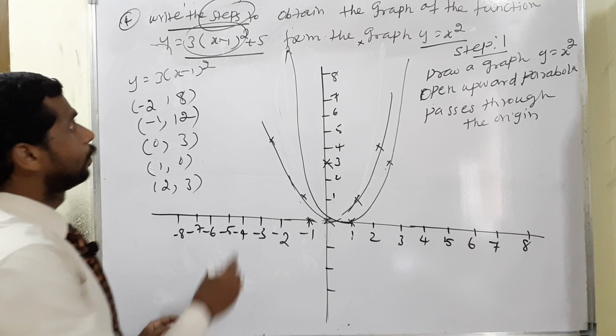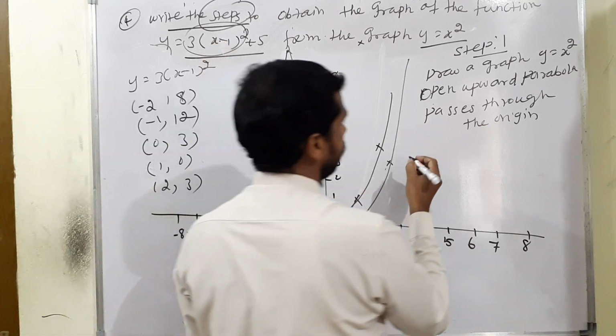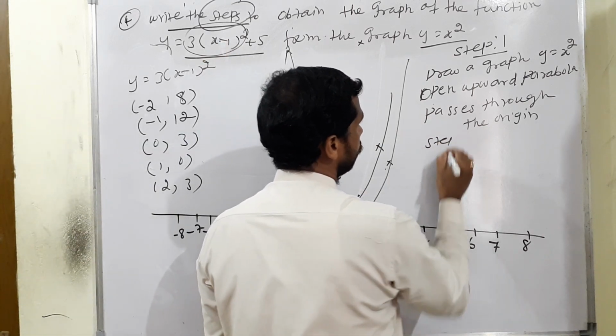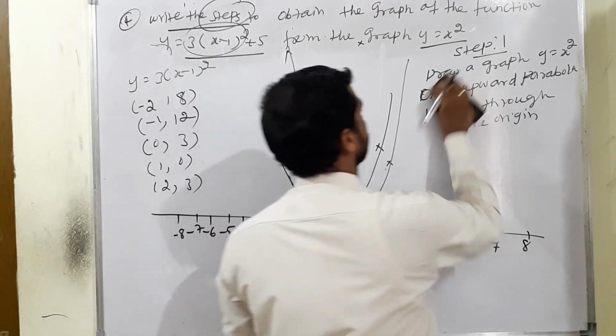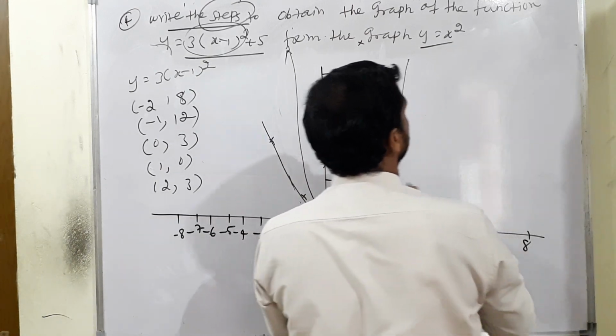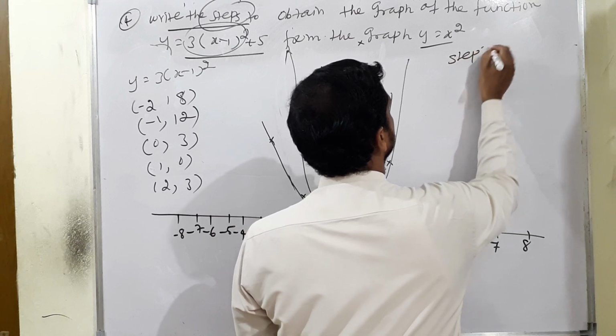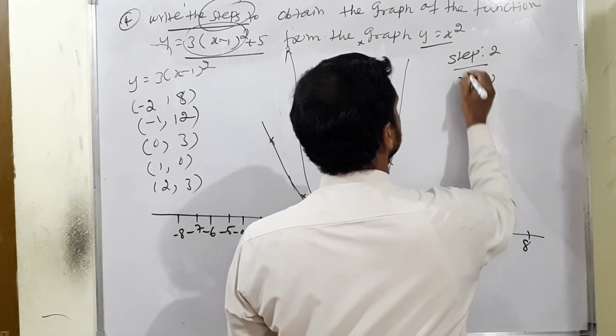So actually how to write the line? Actually first x minus 1. So step number 2. Step 2: x minus 1 the whole square.